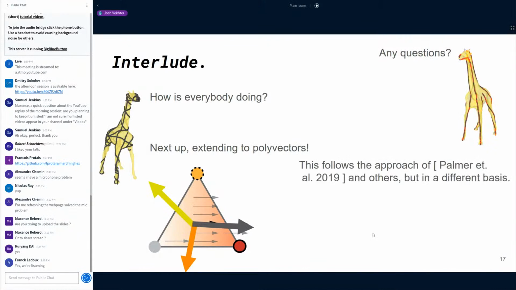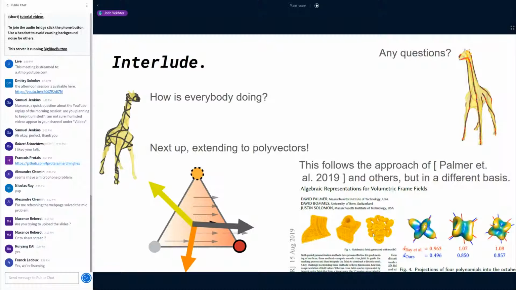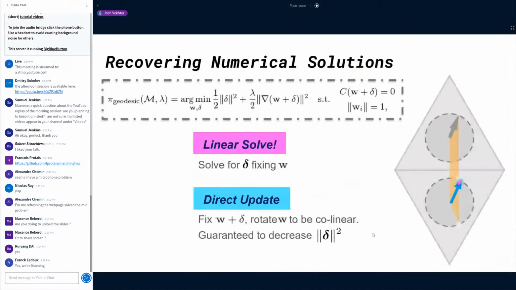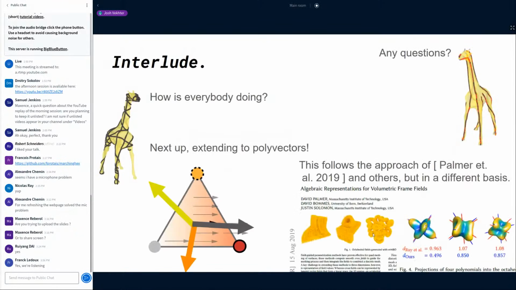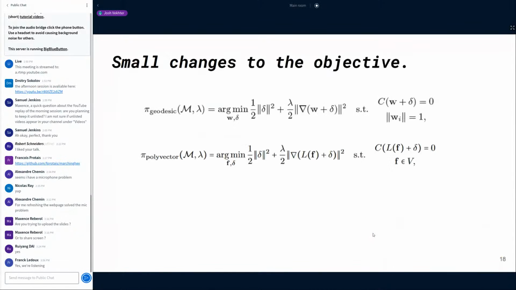And this follows the algebraic representation framework. So we're just going to be replacing a few parts of the minimization before, and basically the biggest change is that now instead of W being unit, W is now going to be something more complicated, so I'll get to it on this slide. So this is the reformulation of the functional from before.